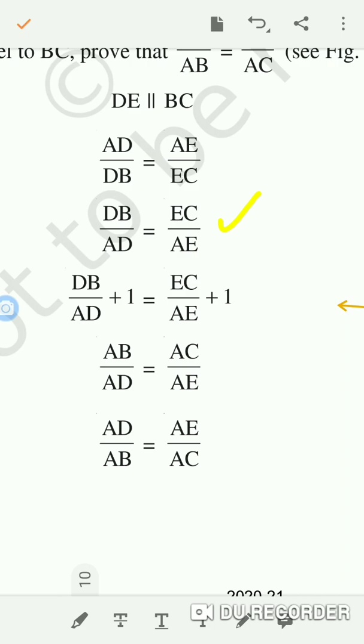That property is called invertendo, when we shift denominator to numerator and numerator to denominator.